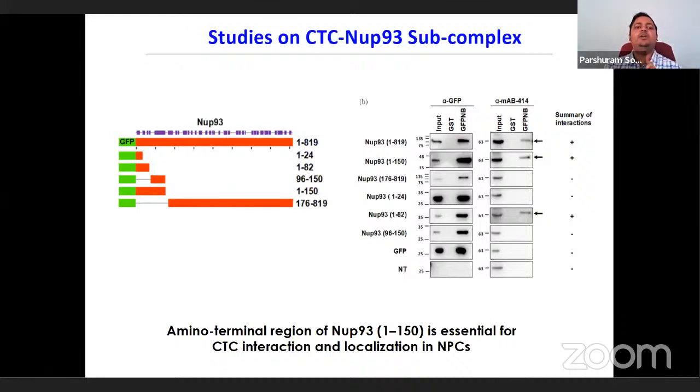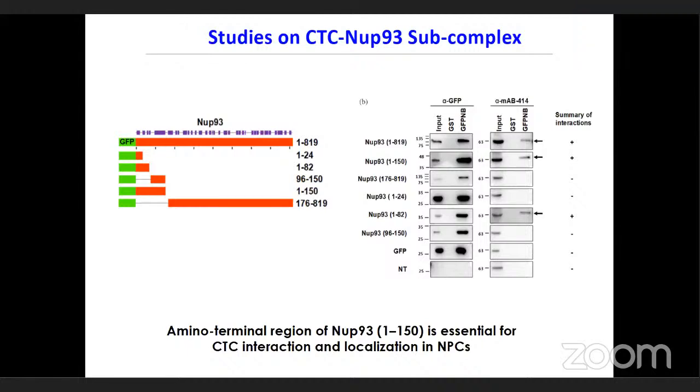So what we did, we cloned full length NUC93 from human eukaryotic cells into a vector called EGFP-C1. With that, you get a GFP tag on NUC93.